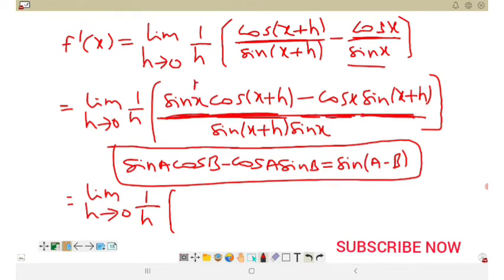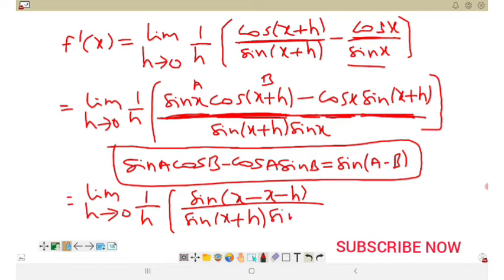Here a is equal to x and b is equal to x plus h. So sin of a minus b is sin of x minus x plus h, which is sin of minus h, by sin of x plus h into sin x.